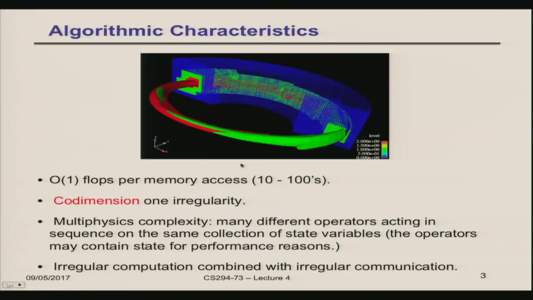On a rectangular grid, we can arrange things to do a lot of stride 1 data access, but we have a certain amount of irregularity on boundaries. So that's a so-called codimension 1. Codimension is a fancy math term for talking about things that are one dimension, however many dimensions lower. Codimension 1 is 1 dimension lower. And that's typical of the kinds of irregularities you have to deal with.